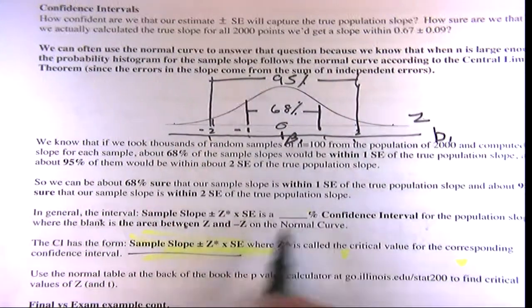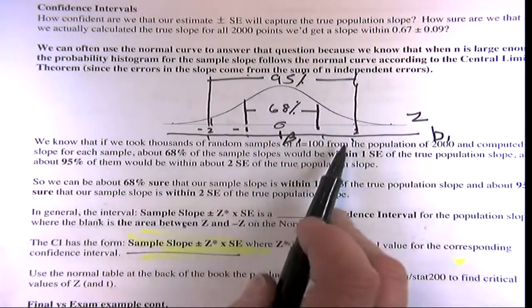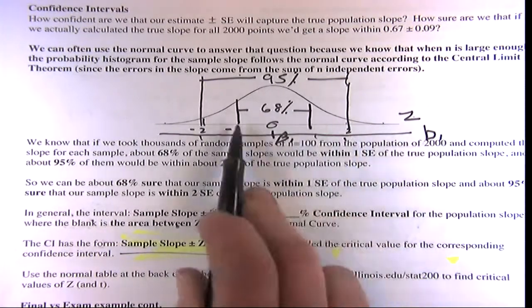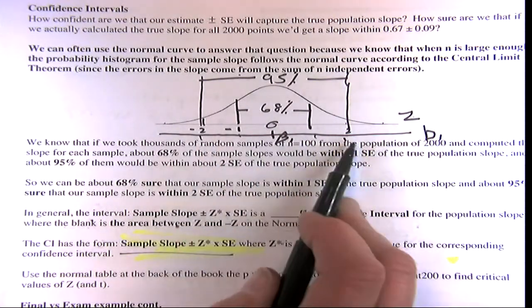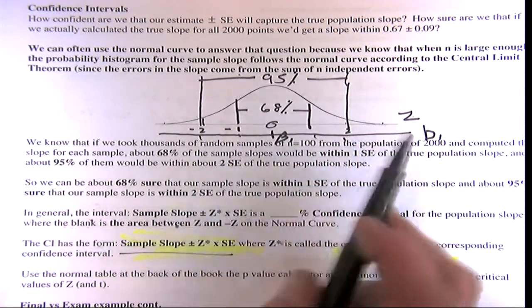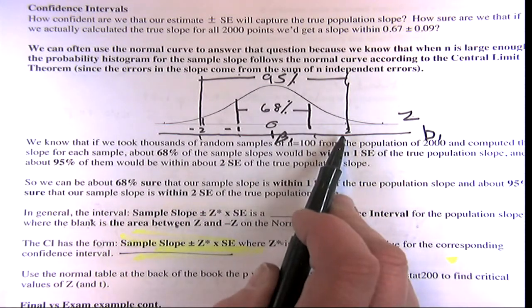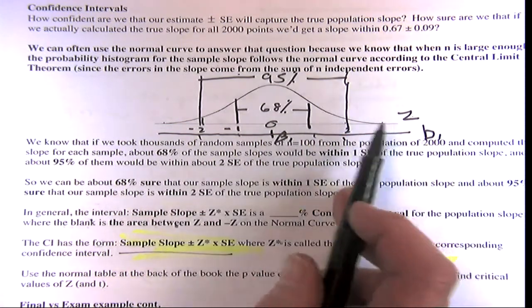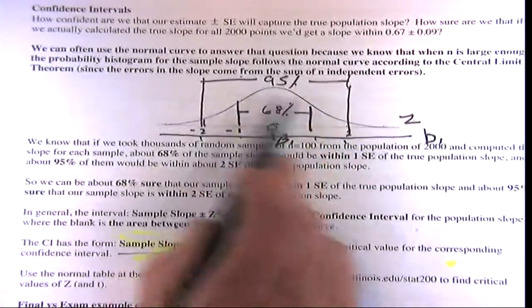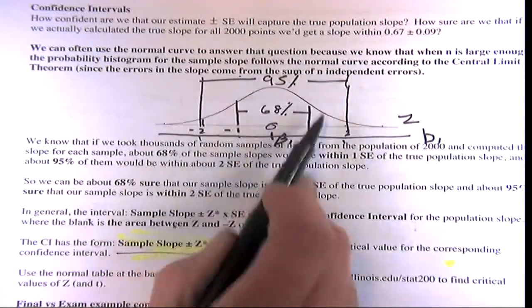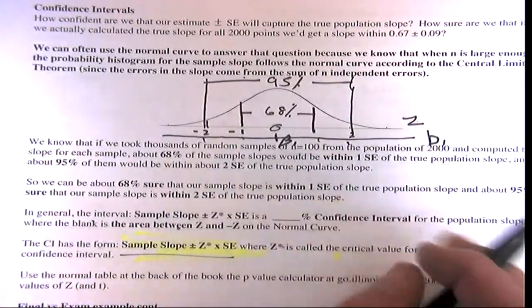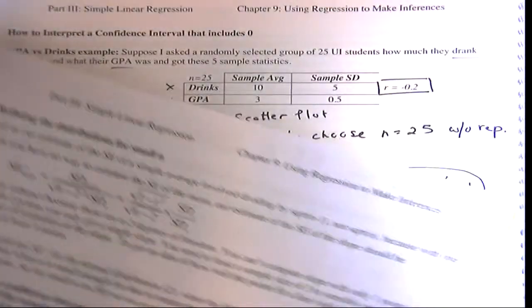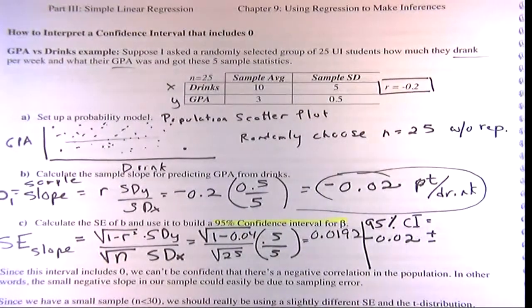So we want a 95% confidence interval, which corresponds to the area under the curve between 2 and negative 2, or more accurately 1.96 and negative 1.96 if we wanted to be more precise. So the idea is that we see one particular sample, and 95% of the time it will be in this range right here.